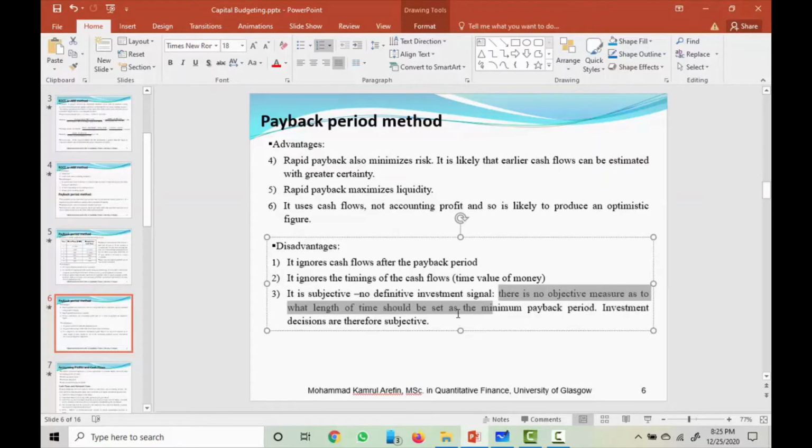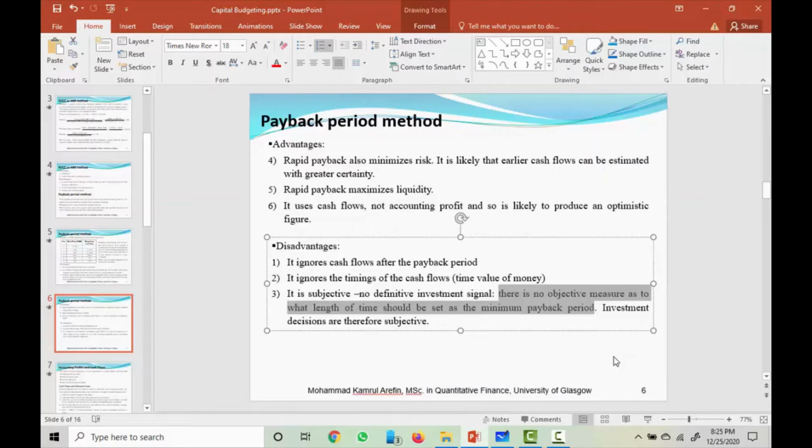So there is no objective measure as to what length of time should be set as the minimum payback period. That means there is no fixed criteria for what should be the minimum payback period. That is not defined in this method.